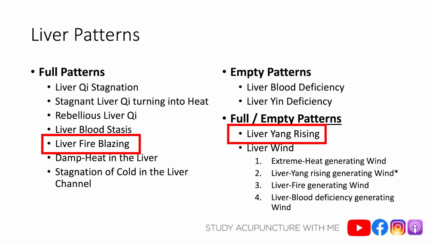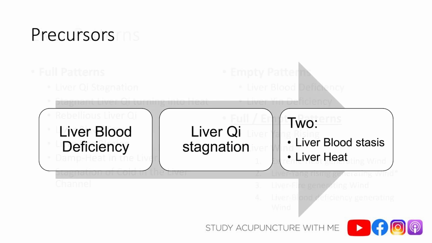Now these two patterns can be easily confused with each other. And one thing we have to understand about all of these topics is that there's something known as precursors. For example, with liver fire, there are precursors, and a precursor is basically just something that comes before it or something that leads to something else.